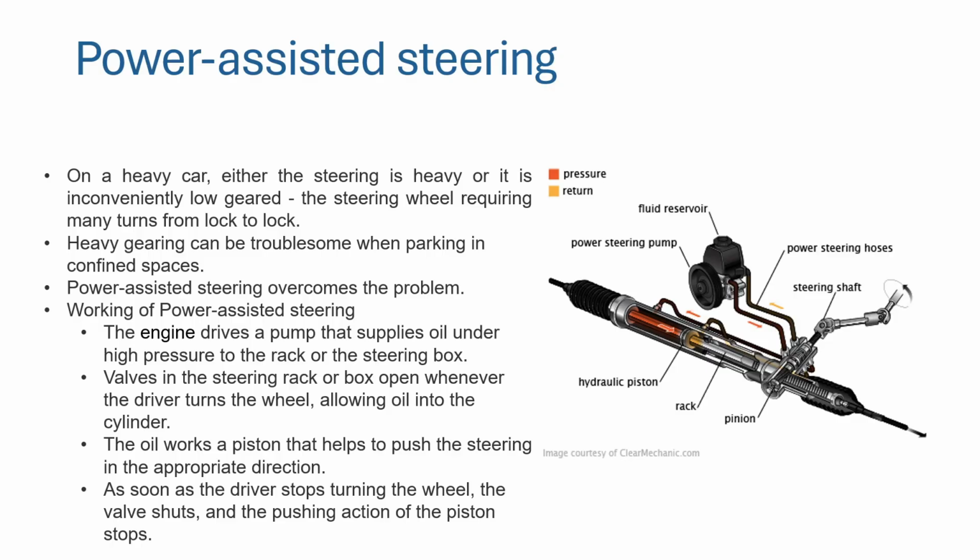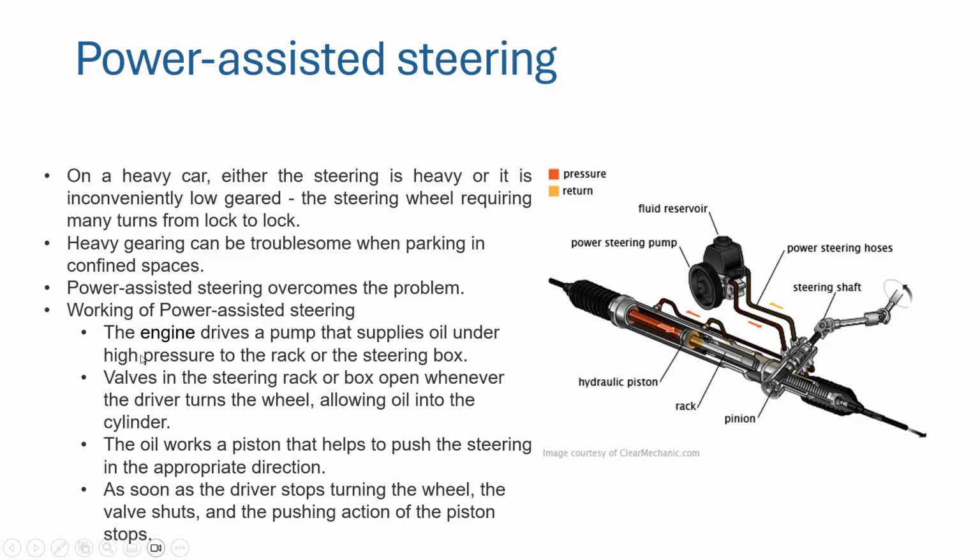With less effort, we can turn the wheel with the help of this system. So the extra power we are adding in the steering system is to make smooth steering with less effort. This extra power is given from the hydraulic piston subsystem.